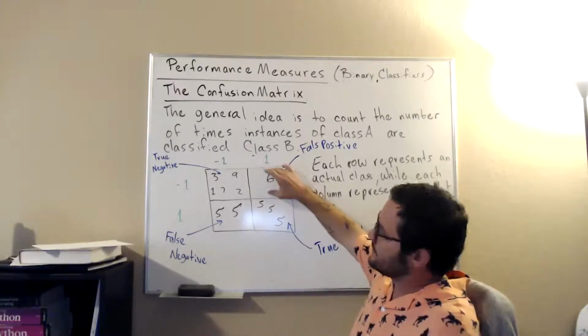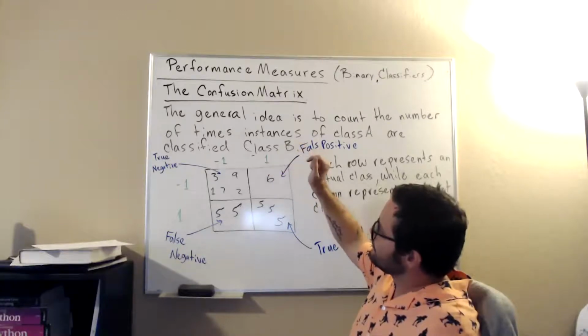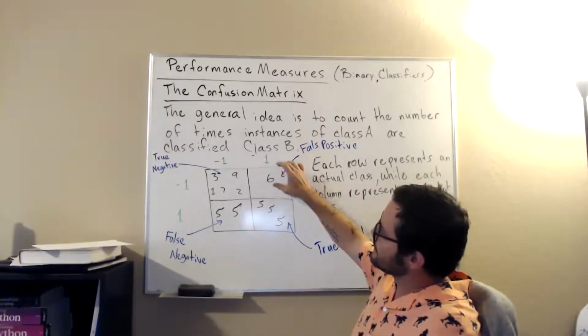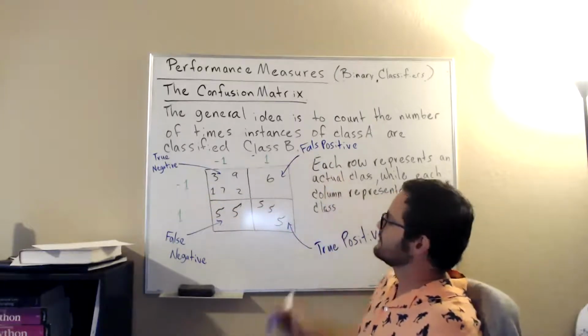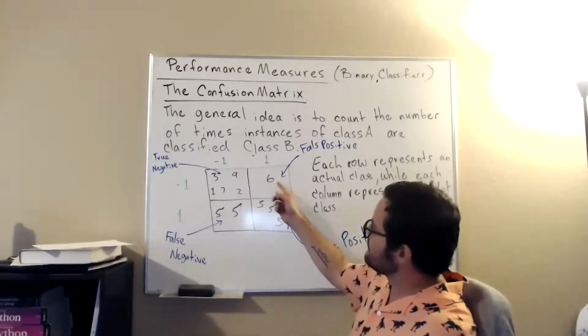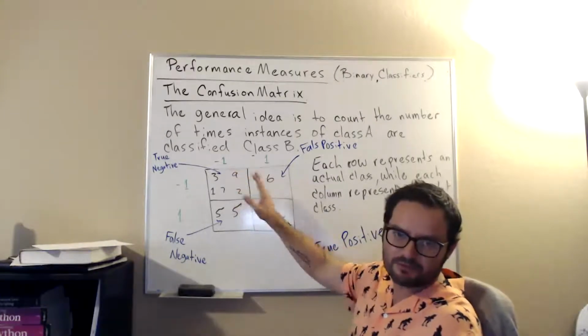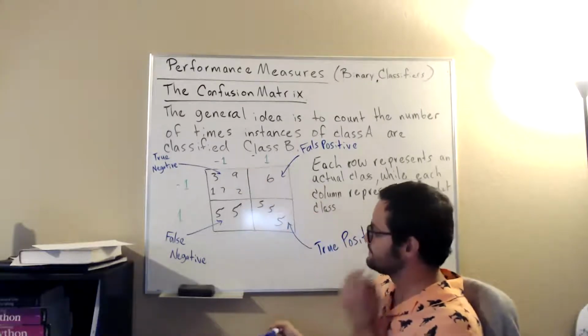Here, this counts the number of times we classified as positive when it was negative. So that's false positive. That should have been a negative. Think of these as images that we're putting in there. Really inside of these cells is going to be a count.